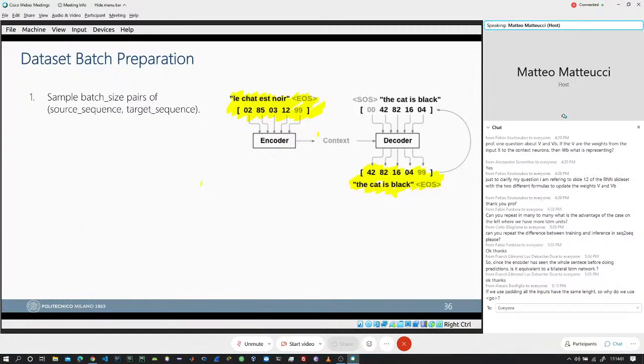At the training time, you start with the context and the start of sentence, which is a special symbol. Your decoder says, given the context, the first word that I would use is the. So this is the first word that is generated. This becomes the input of my network. This input, based on the current state, gives you cat.